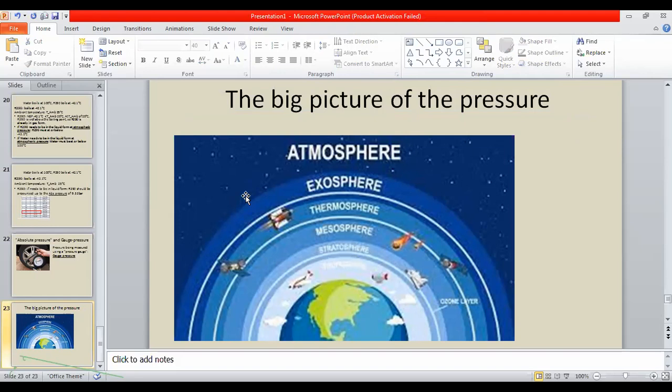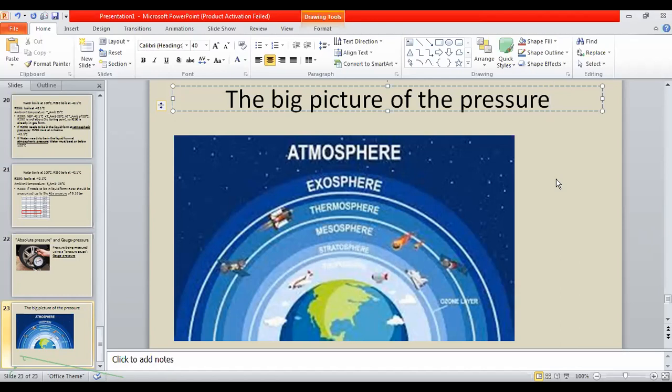So even we are under atmospheric pressure. The big picture is this, even our lungs. Our body, anything here, even water boils under atmospheric pressure. There is a huge air column.